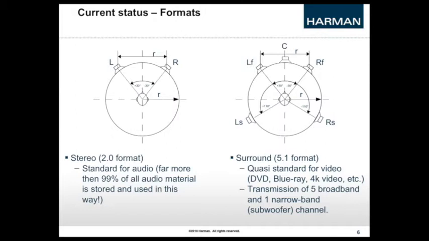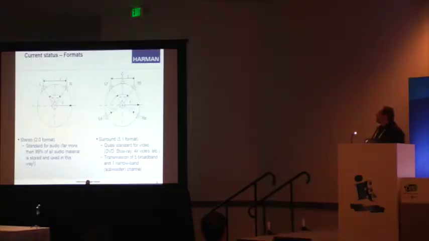The 5.1 standard also follows this ITU standard, so you again have the plus minus 30 degrees. Now you also have a center in the middle, and at an angle of plus minus 110 degrees, you have the surround speakers. So you have left front, right front, center, left surround, and right surround. And the dot 1 is the subwoofer. It is not specified where you place it, because it doesn't really matter as long as it plays approximately below 100 hertz.